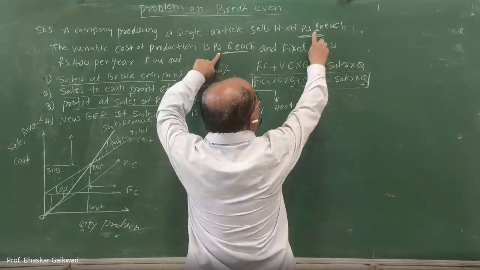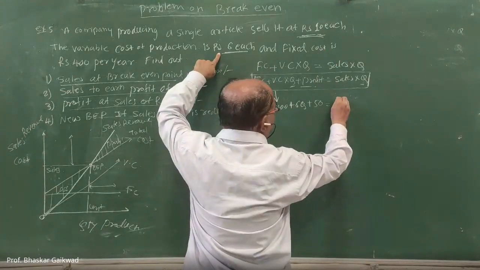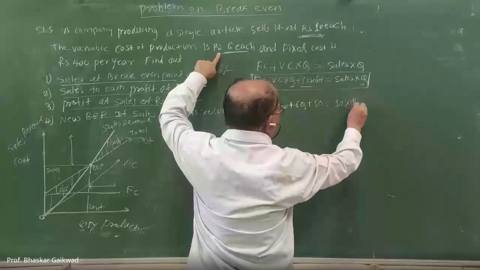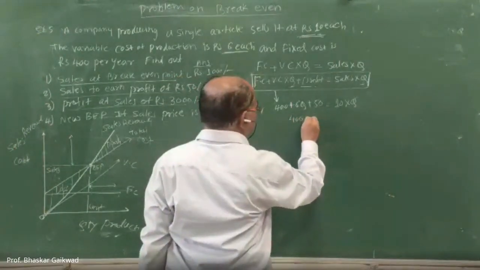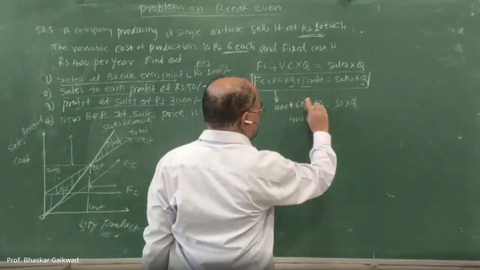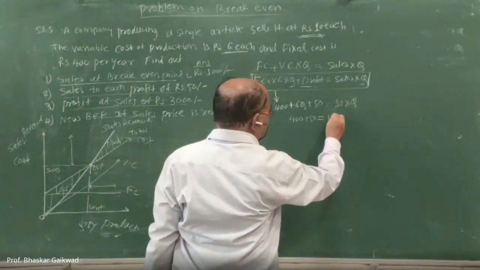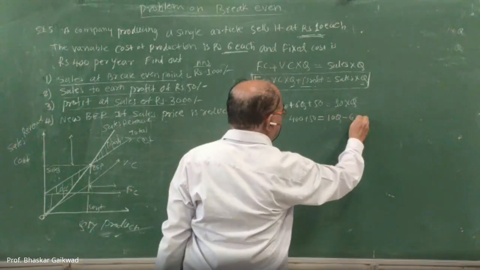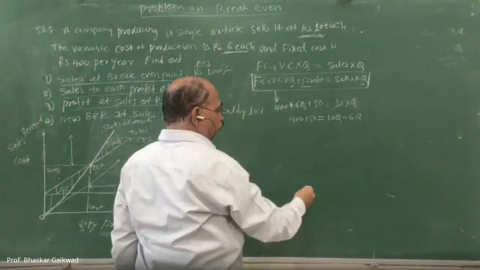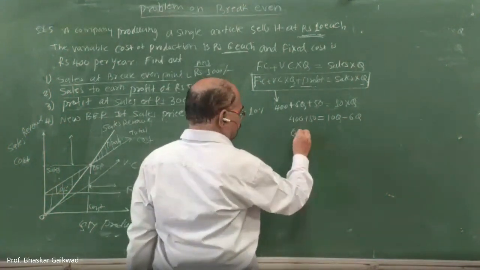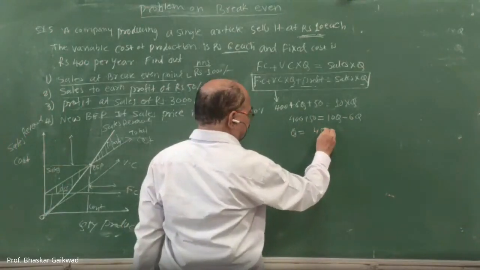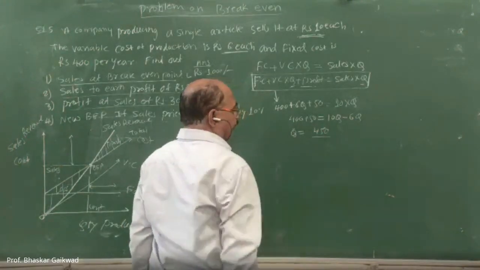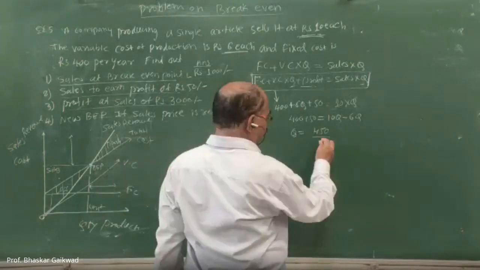What is the sales value? 10 into quantity. Correct. So 400 plus 50. Now you can take this side: 10Q minus 6Q. So how much here? 4. Is it correct? So Q is equal to 400 plus 50, 450, divided by 4.